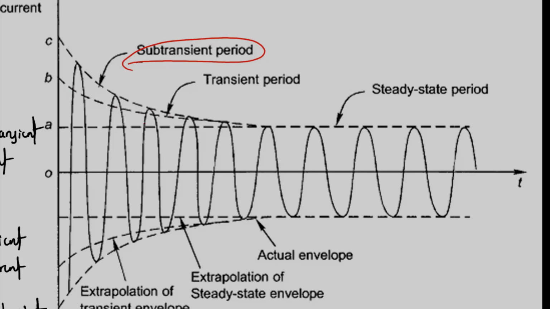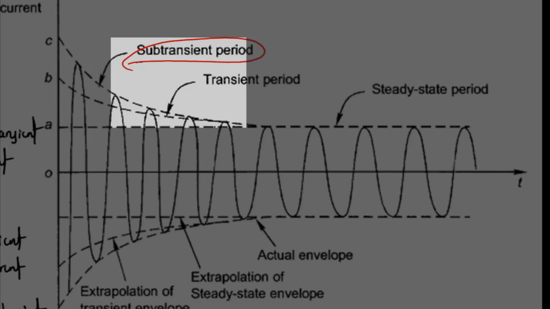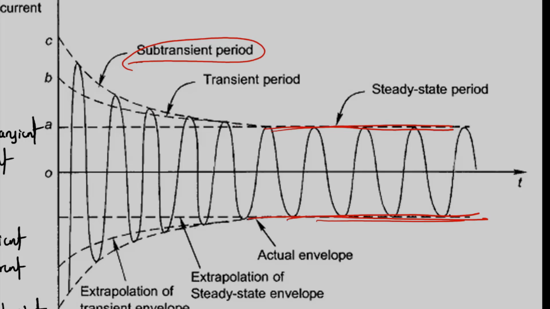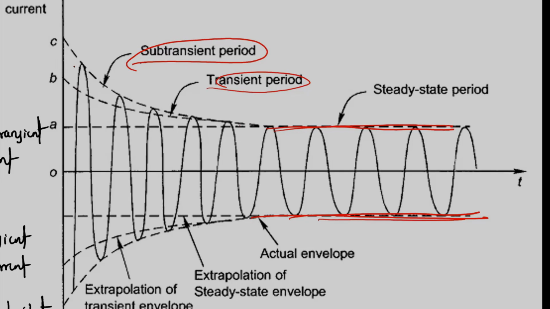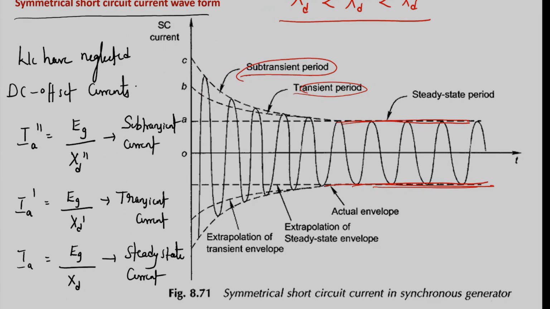After that it is the transient period up to 5 cycles. After that the machine will reach the steady state, and the currents will reach the steady state current. Subtransient period, transient period, and steady state period. This is how the magnitudes of the symmetrical short circuit current vary from the subtransient period to the transient period, and from the transient period to the steady state period.